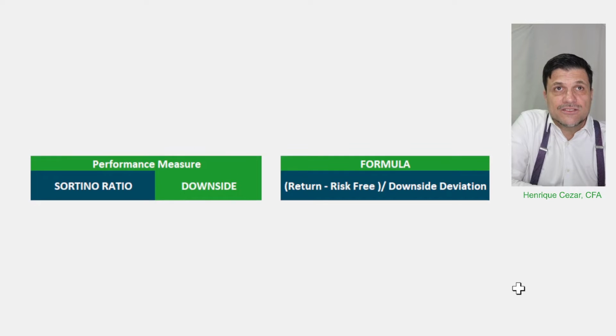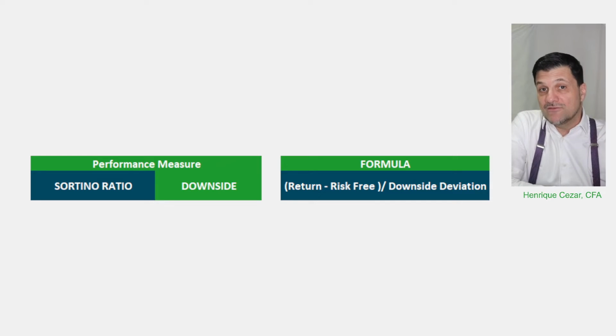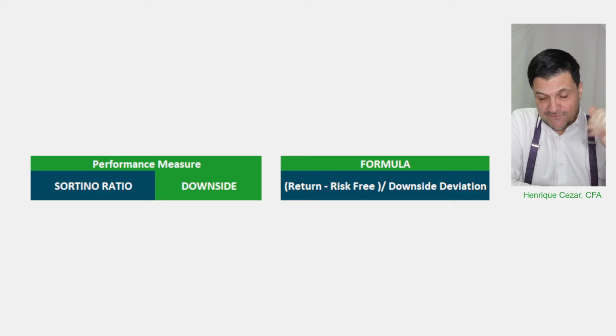Well, the deviation of the returns that go below a certain target. I don't care what happens to the returns that go above the target, but I'm concerned with understanding what happened, how many times, what the frequency is, or anything that tells me about the returns that fell below the expected. So that's what the downside deviation measures.